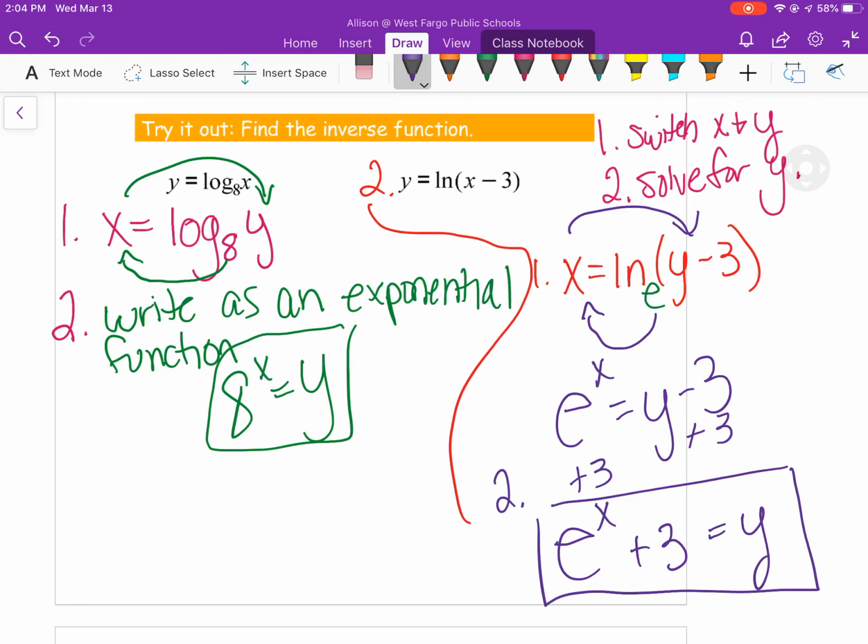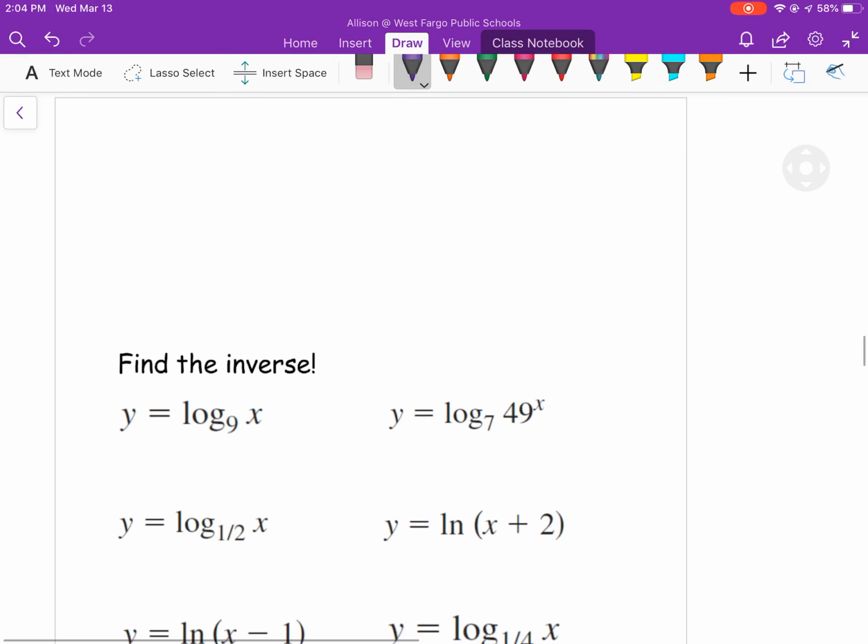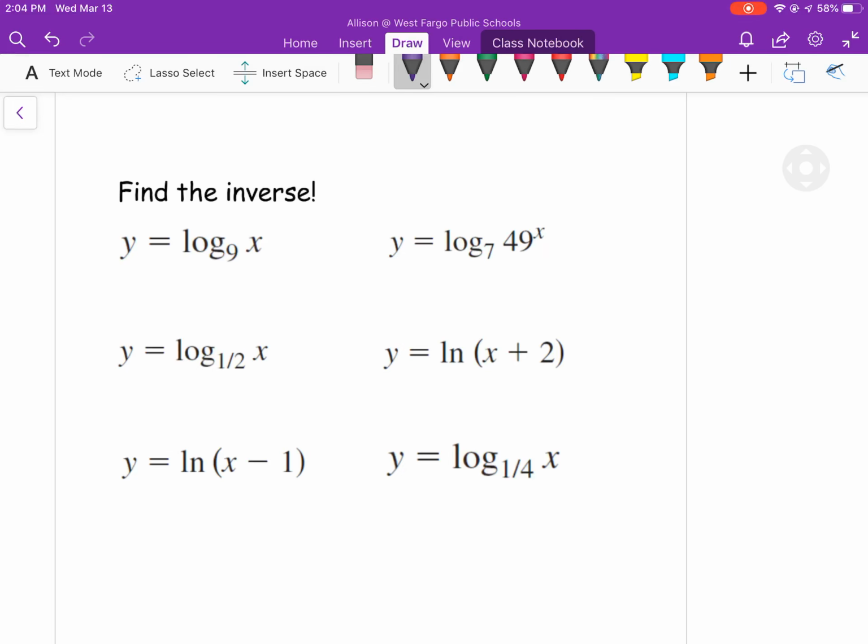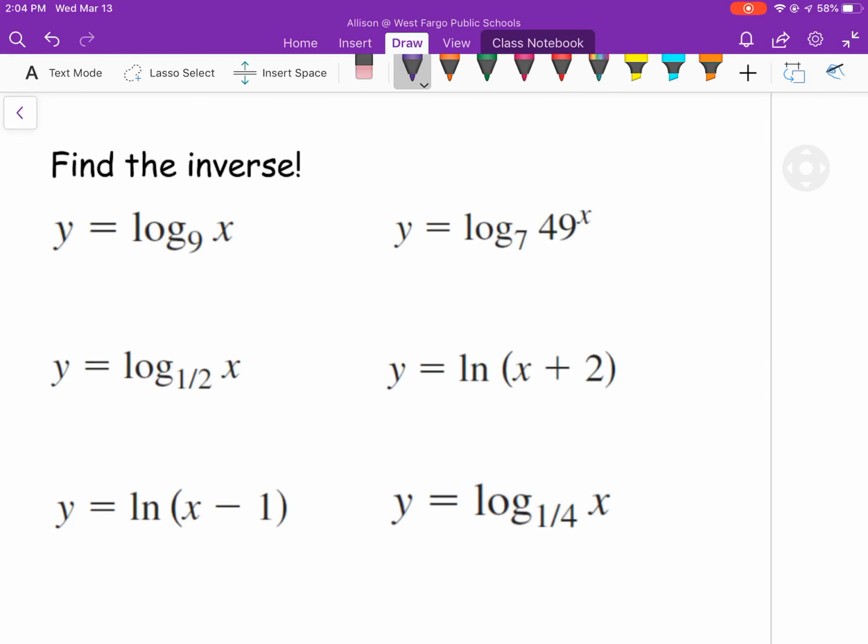So switch x and y, solve for y by starting by putting it in exponential form, and then continue to solve for y there. So we'll do a few more here. Let's do number 1. I'm going to number these quickly so they're easier for me to refer to. Number 1, switch x and y, then rewrite in exponential form.